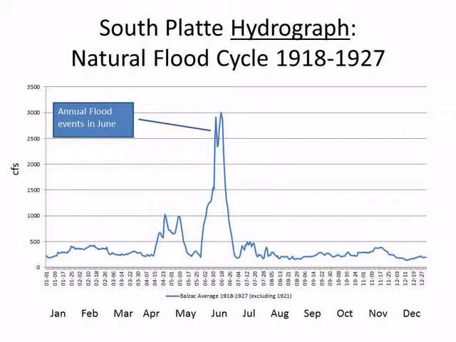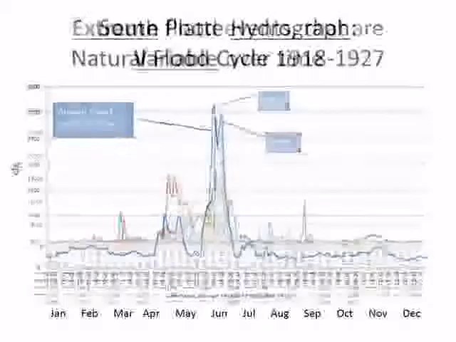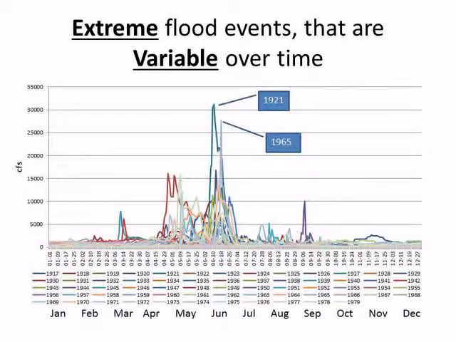But besides just the hydrograph that shows runoff, the variability in flooding is also what we need to pay attention to. In 1921, over 30,000 CFS ran through. The 1965 flood was close to 28,000 CFS.